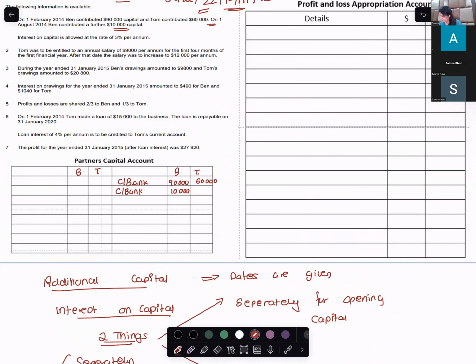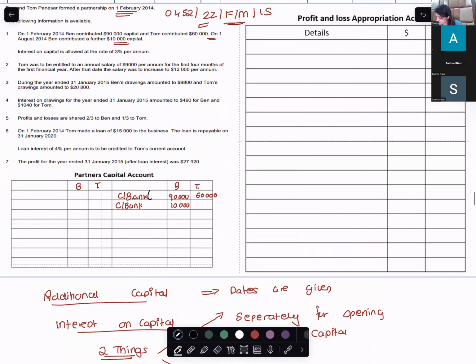The opening capital is contributed on what date? It is contributed on 1st February. Additional capital is contributed on 1st August.